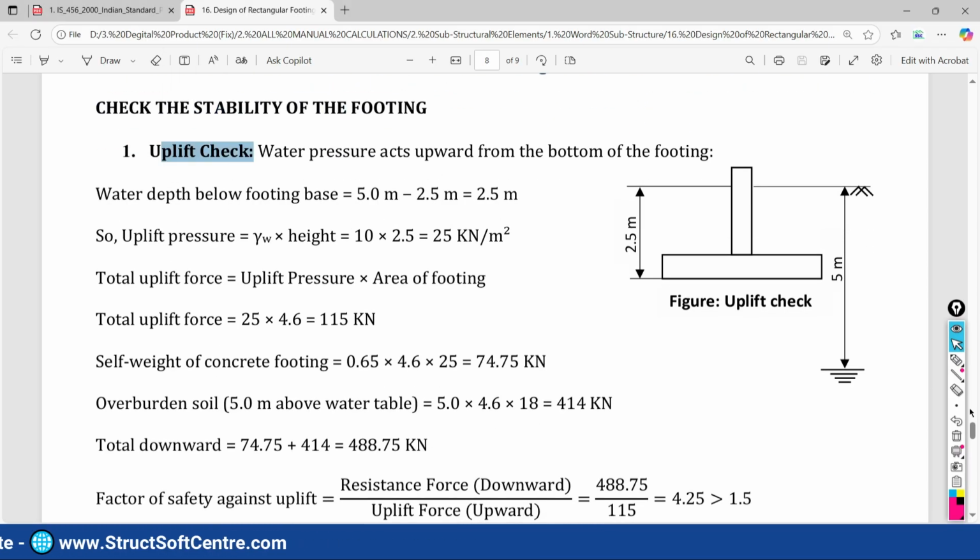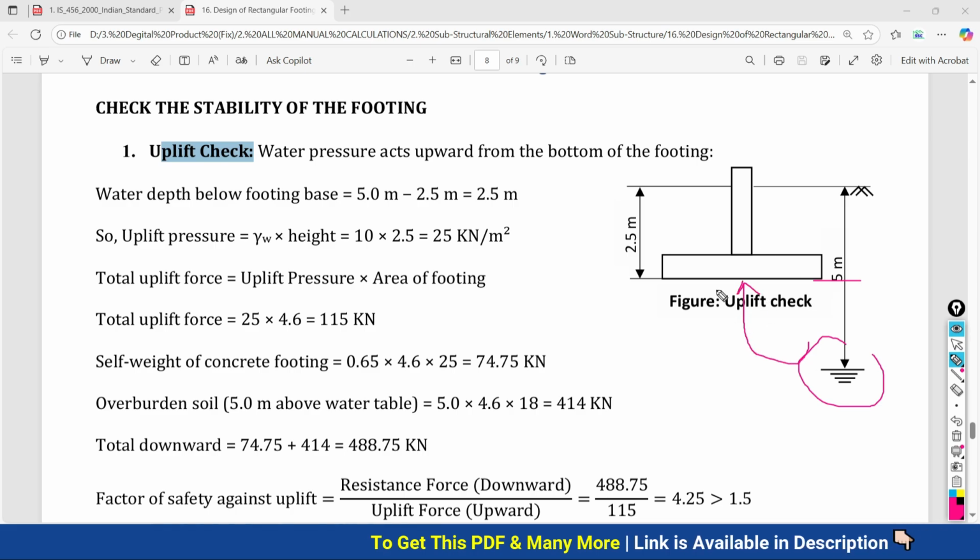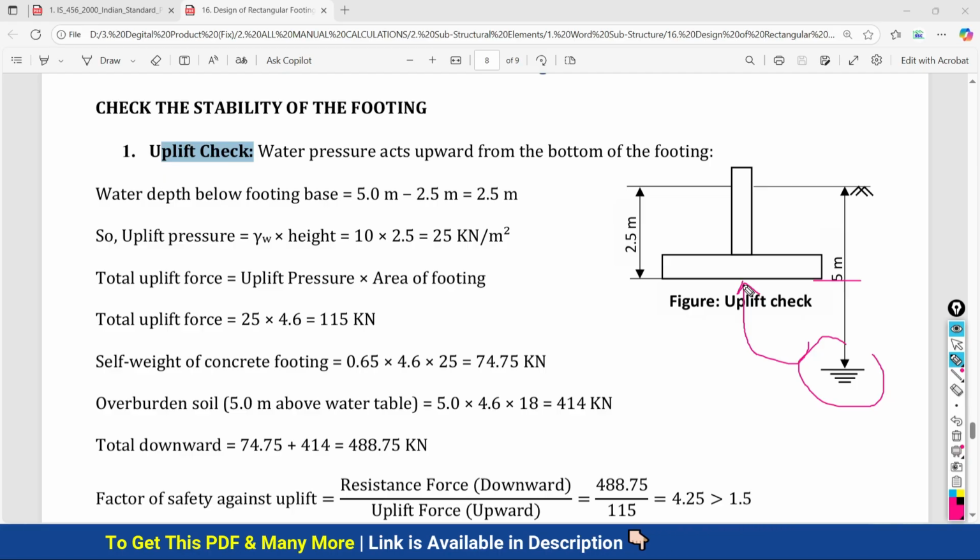What is meant by the uplift check? Try to understand. When there is a footing and there is water close to the base of the footing, this water is going to impose pressure at the base of your footing, and due to this pressure your footing may get lifted, and that is not acceptable.